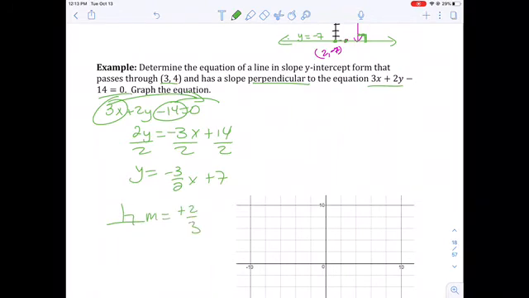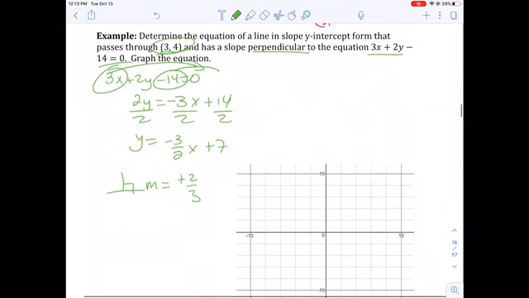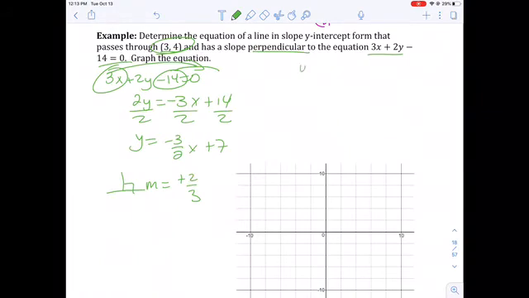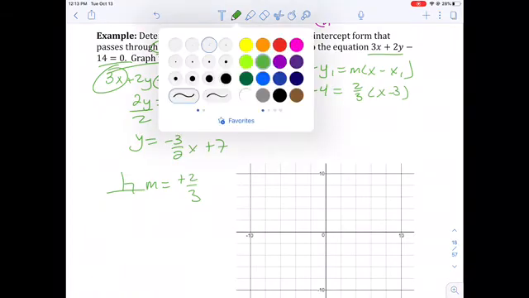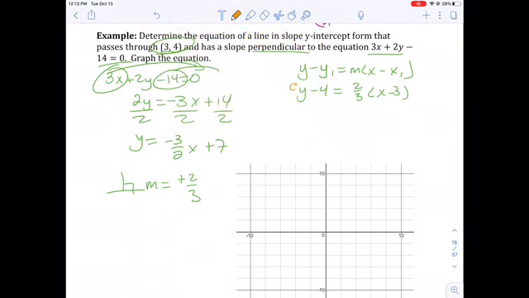Okay, and we want it in slope y-intercept form, but it passes through (3, 4). So I'm going to start with point slope form, y minus y1 is m times x minus x1, so y minus 4 is 2/3 times x minus 3. To get rid of that fraction, I'm going to multiply everything through by 3.